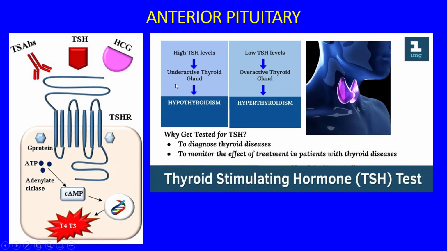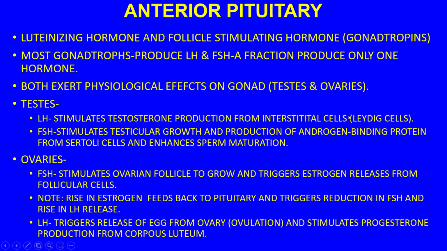Because if you have a high TSH but no T3, T4, that's one way of determining whether it's purely a thyroid. Or if you have low TSH levels and an overactive thyroid, there may be other factors that are fooling the receptor to overproduce T3, T4. We'll get more into the thyroid in a couple of weeks.